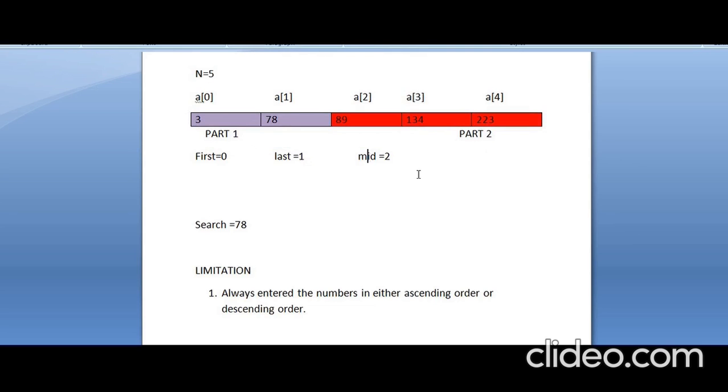These 3 elements will not be executed at all. We are restricting the search to A of 0 and A of 1, because first is pointing to 0 and last is pointing to 1. So our list has been divided. Instead of 5 elements, right now it has only 2 elements, A of 0 and A of 1. So this is the importance of binary search.